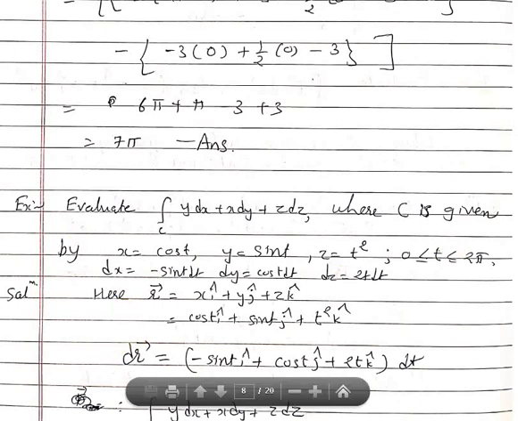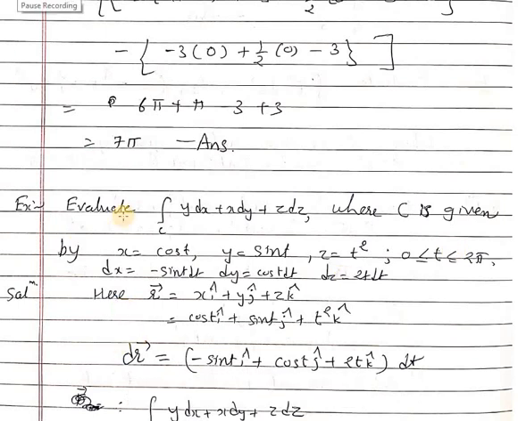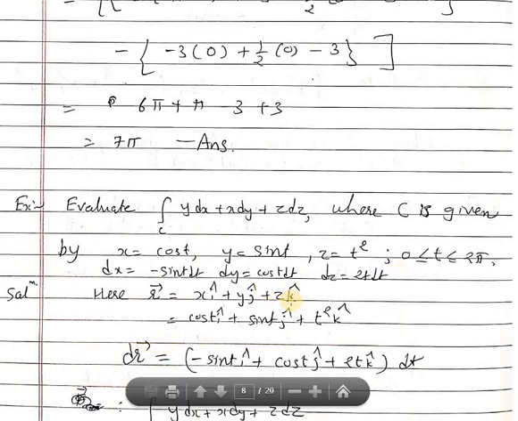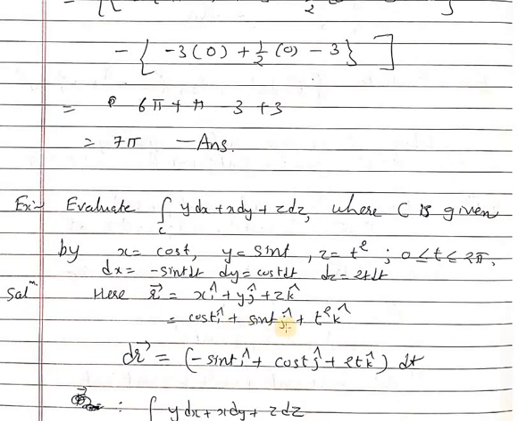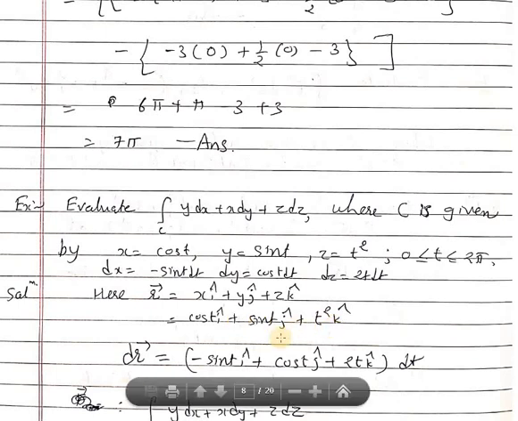That's why dx = −sin t dt, dy = cos t dt, dz = 2t dt. Here r̄ = x i + y j + z k, that means cos t i + sin t j + t² k, and that will give you dr = (−sin t i + cos t j + 2t k) dt. I have taken out the dt.